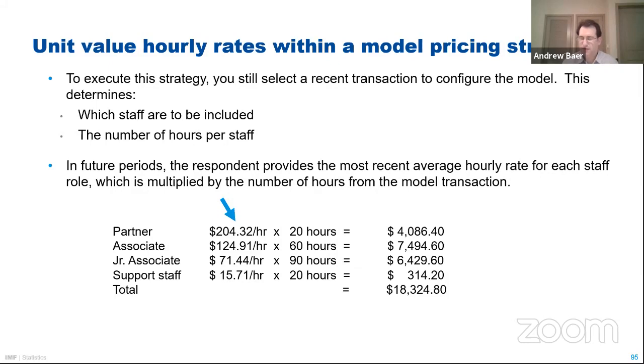We do that if the prices charged for different customers vary a lot based on who is buying the service and when. Now I take those unit values for those professionals, multiply them by the hours that are fixed from my model, and I get my price.